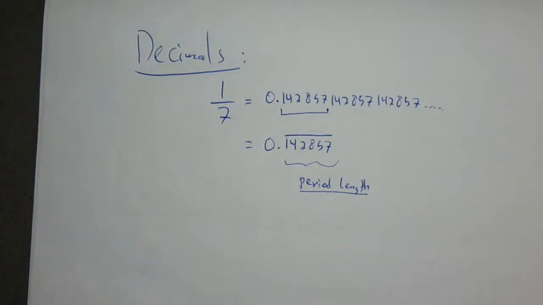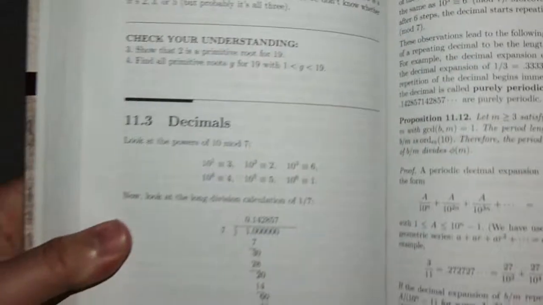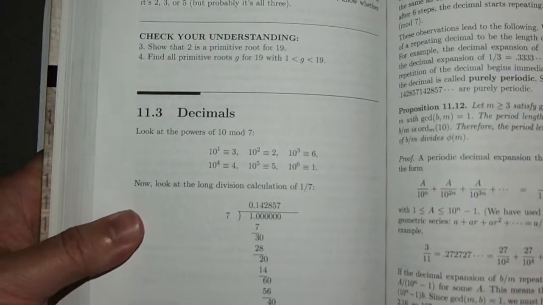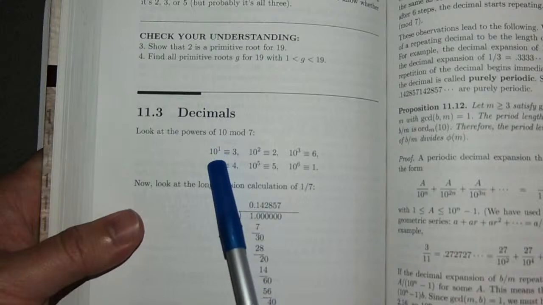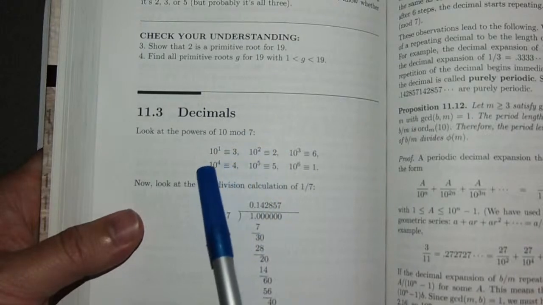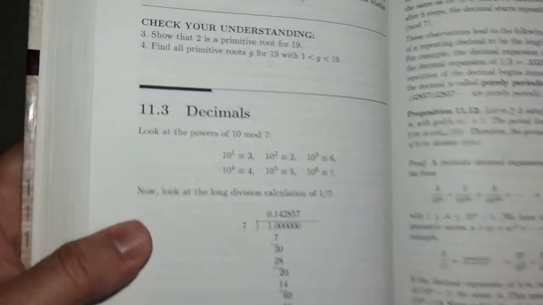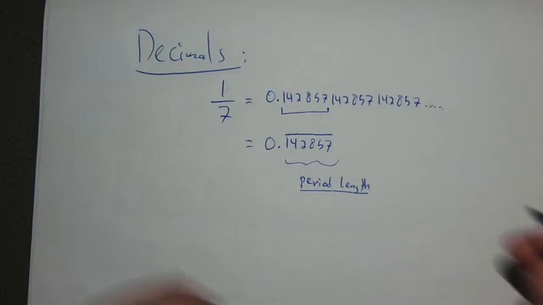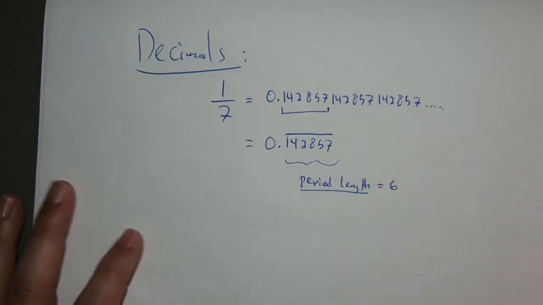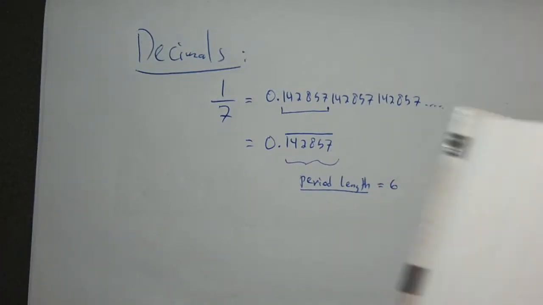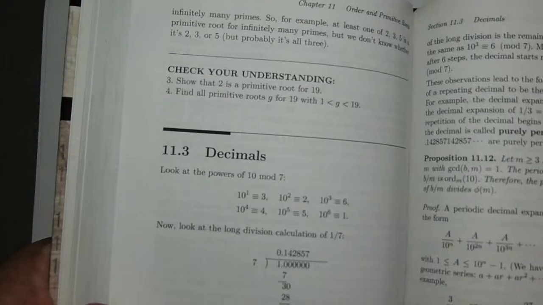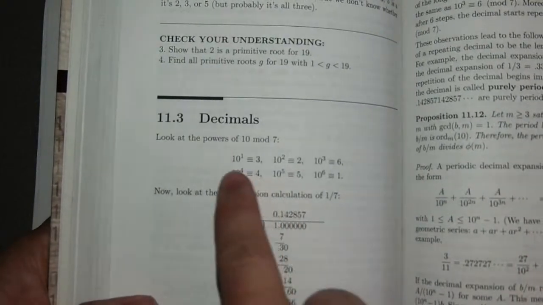Now you might already notice what it is that determines the period length. In fact, going back here, if I look at the powers of 10 mod 7, the period length in this case is 6. Why might the period length for that decimal expansion be 6?